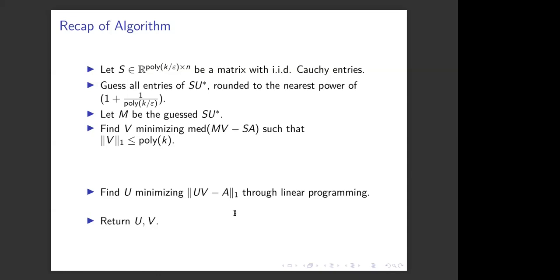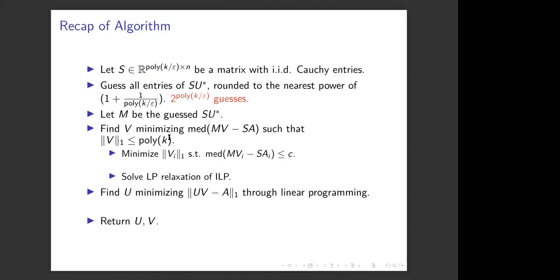So let's just go through the runtime of this algorithm. As we mentioned before, the number of guesses is 2 to the poly k over epsilon. And to solve this optimization problem efficiently, we need to first solve a bunch of smaller median-based optimization problems.